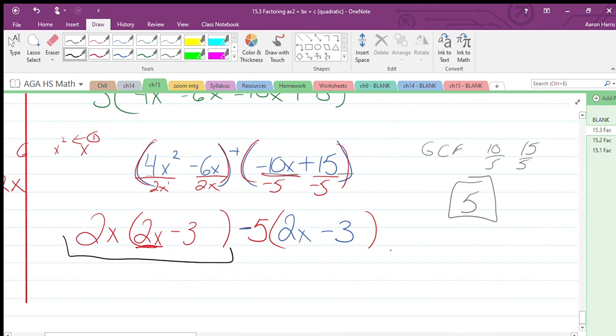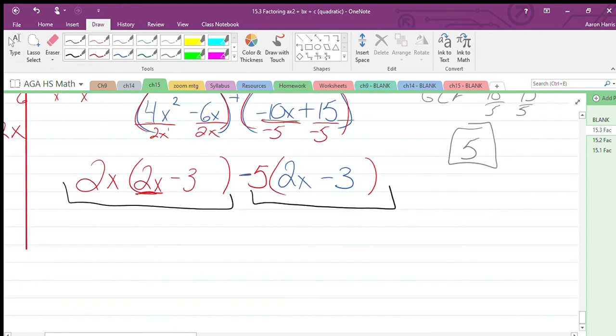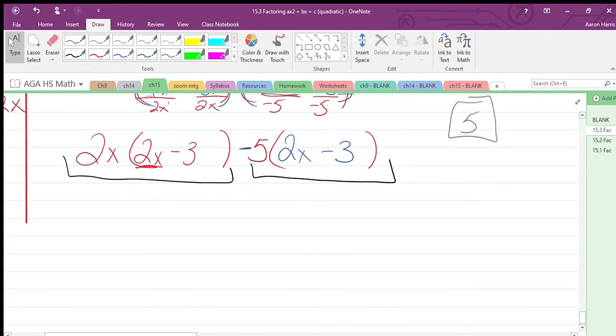How many terms do I have? 2. What do you see in each term? Yes, a GCF of 2x minus 3. Remember, if one said 2x minus 3 and the other one said 2x plus 3, they are not GCFs. When you do grouping, they should come out exactly the same.